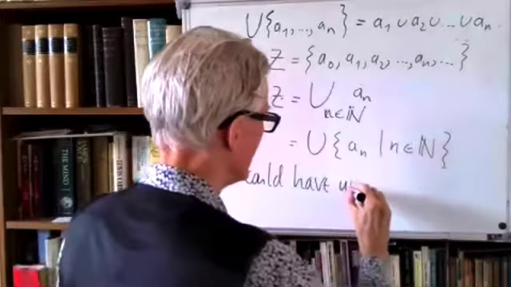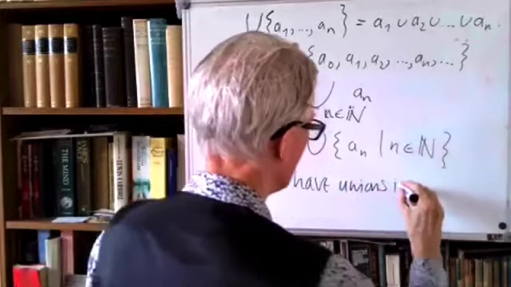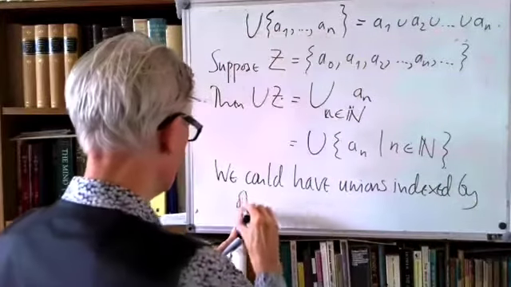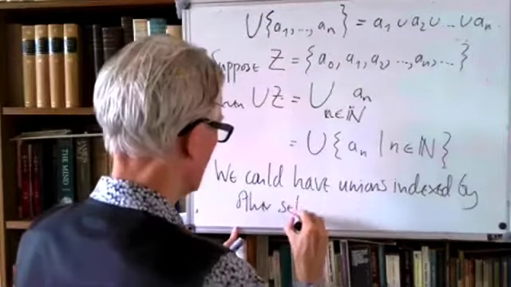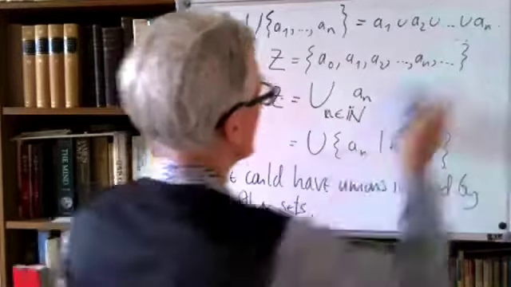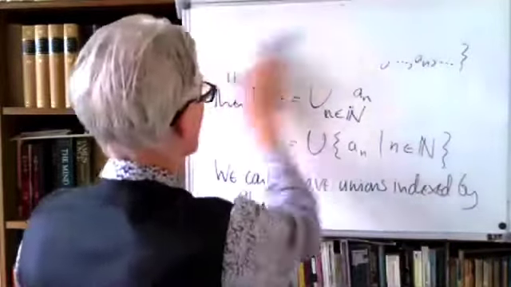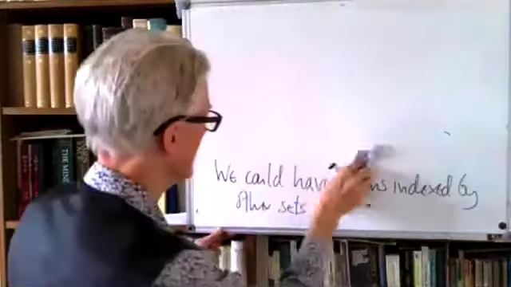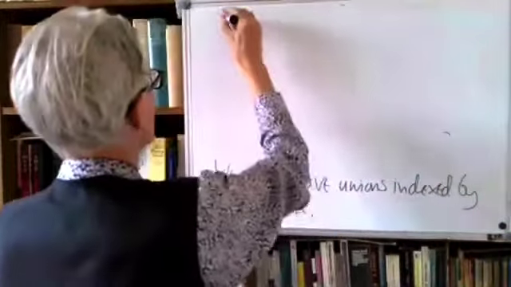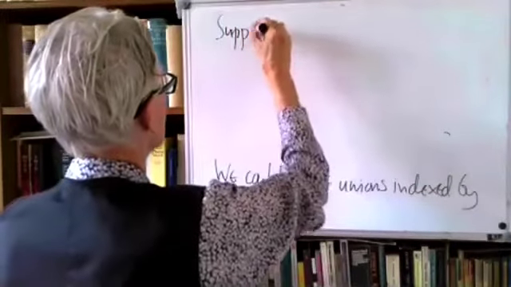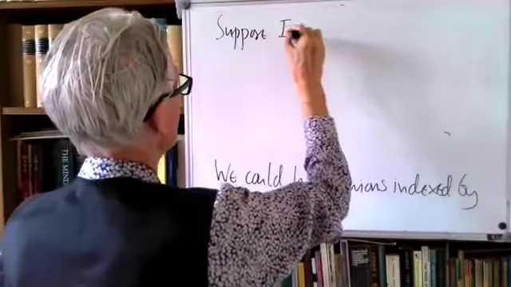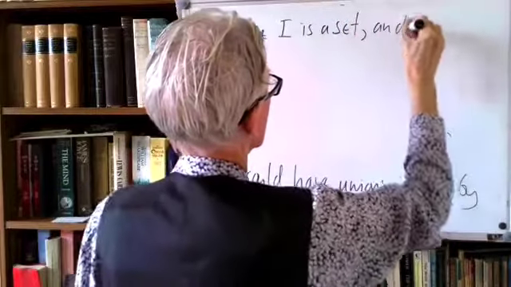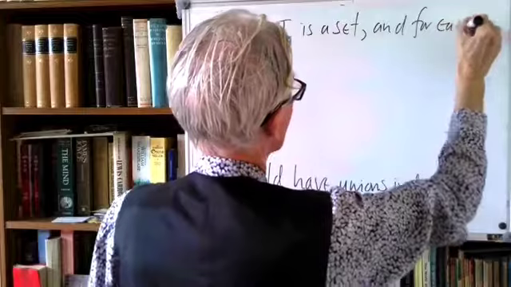So we could have unions indexed by other sets. So suppose I is a set. And it's an index set.